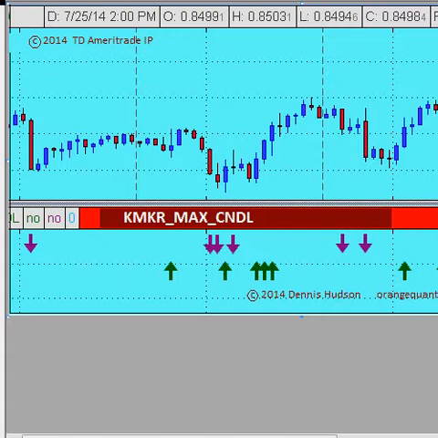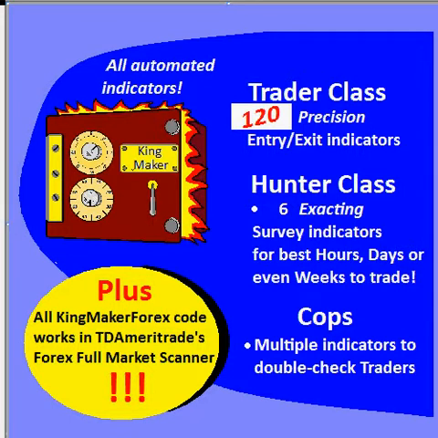I want to go back now to why the change from 20 indicators or whatever it was to 120 and explain exactly what went on. As you saw a few moments ago, with the statistical survey and profiling of the various pairs, when I started out, what I was thinking was to run that kind of data analysis on a certain number of pairs and just do the hourly, okay?